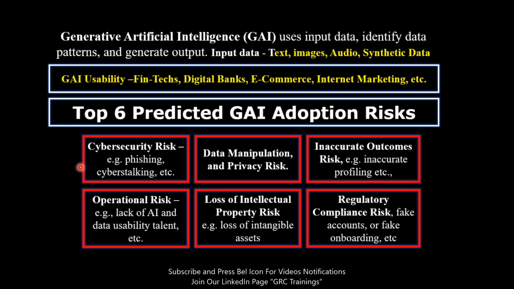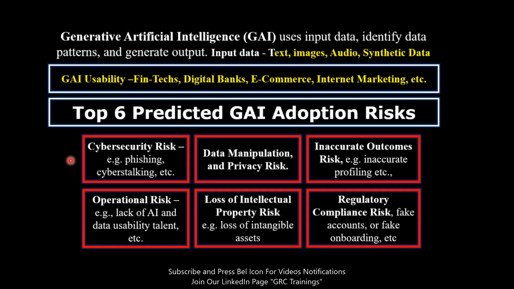Generative AI carries the risk of cybersecurity because the AI bots can easily scan the data and can negate the applicable rules to protect the systems and data of the organization.